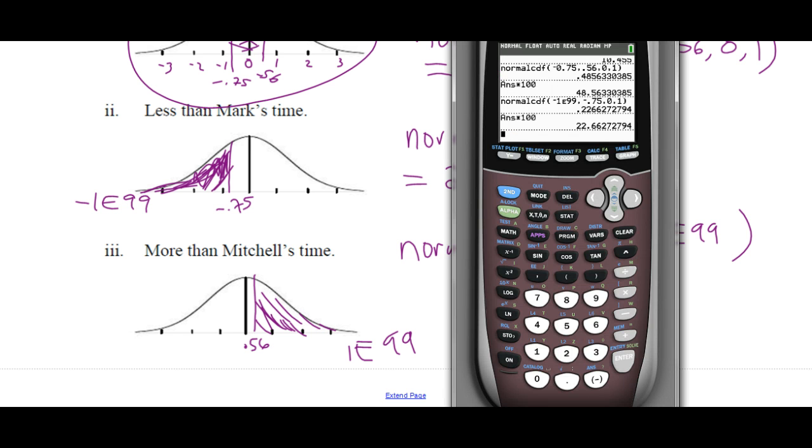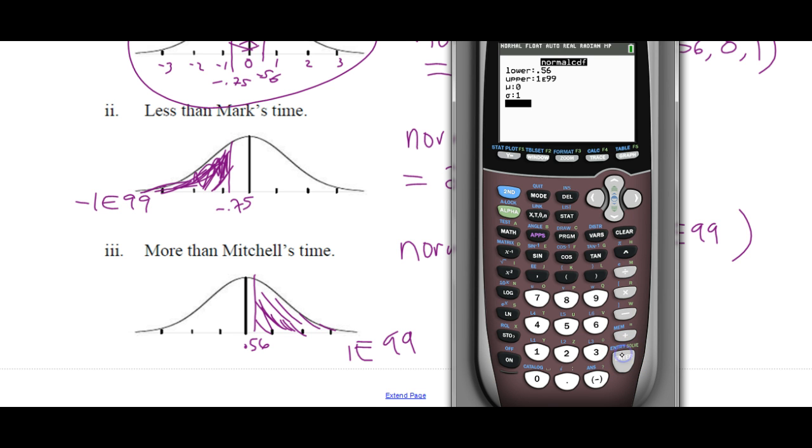So we go into the calculator. Second distribution, number 2. This time my low is 0.56 and my high is 1E99.